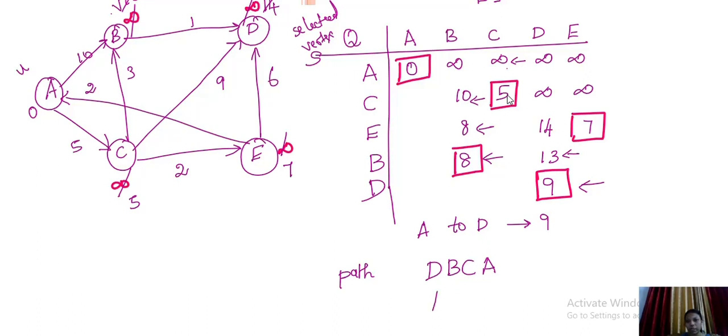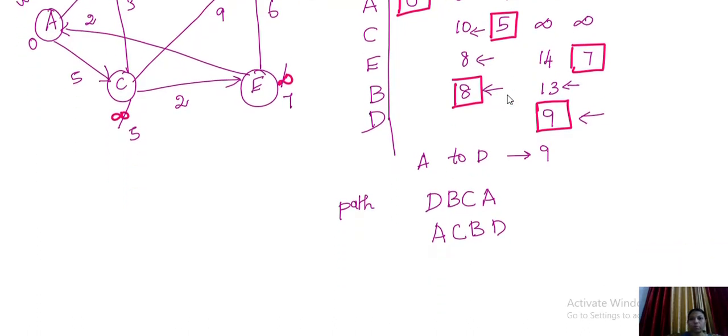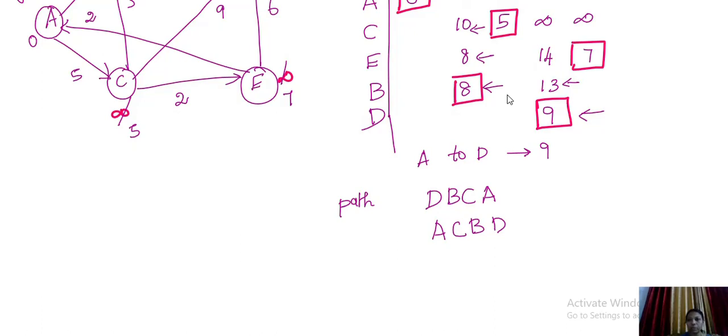So if I rewrite it, I can write like this: A, C, B and D. So if I want to move from A to D, this is the path. So first I have to move from A to C, from C to B, and then B to D. So how will you bring this cost?